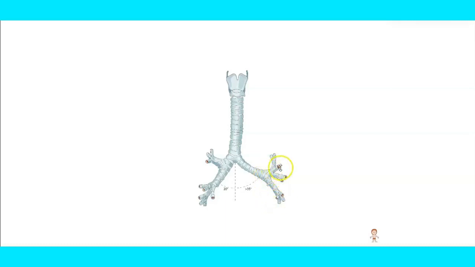Then the superior bronchus, which supplies the superior lobe, is further divided into an apical branch, a posterior branch, and an anterior branch. And also this branch that gives branches to the superior lingular segment, and this that gives rise to the inferior lingular segment.